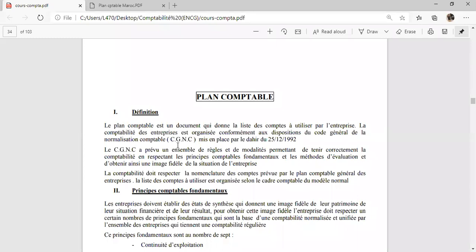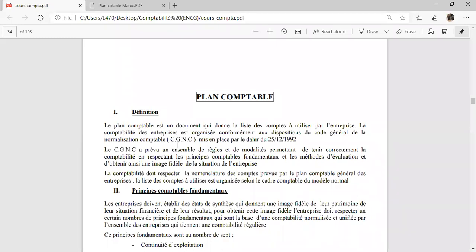So it's a list of rules, regulations, methods which are used in accounting, for the purpose of clarity and transparency. Then we move on to the actual codification of this book. So for the definition, are we clear? So I've spoken of two things.